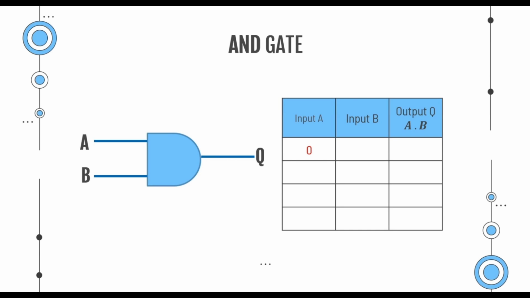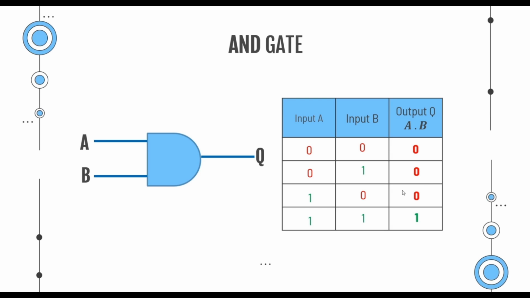When the input A is 0 and input B is 0, the output will be 0. And when A is 0, B is 1, also the output will be 0. And when A is 1 and B is 0, the output will be 0. When A is 1 and B is 1, then the output will be 1.